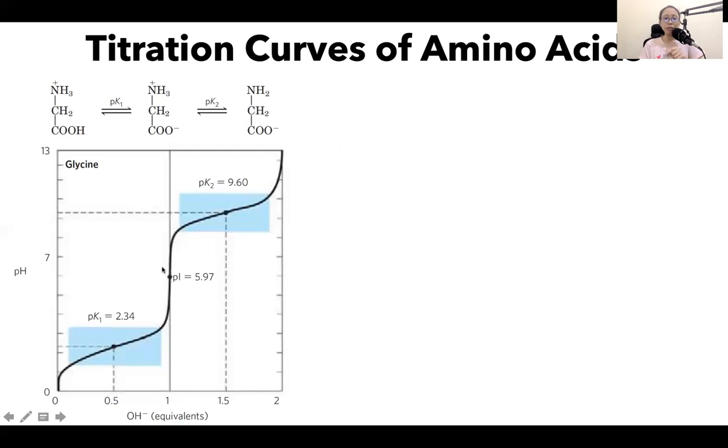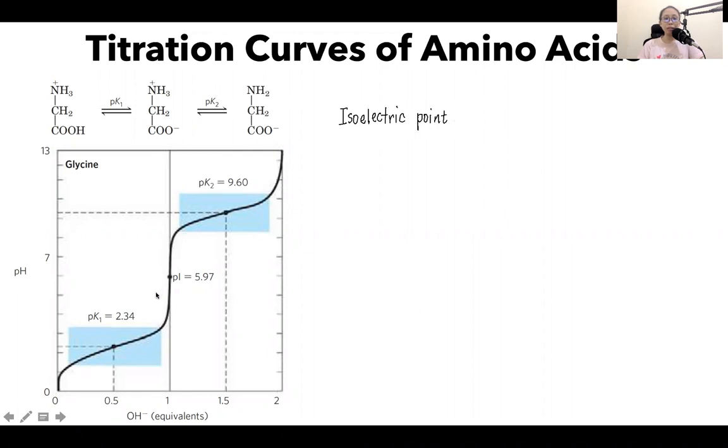You might notice that the equivalence point is marked as pI. This pI is called the isoelectric point. The isoelectric point gives us the pH at which your amino acid is in its Zwitter ion form.